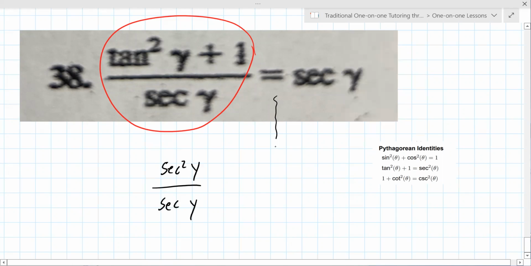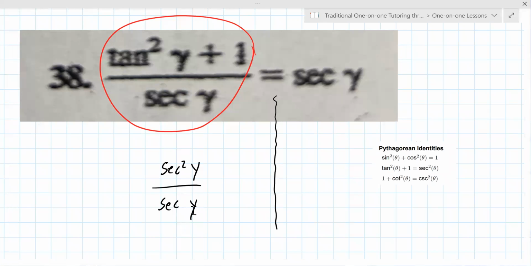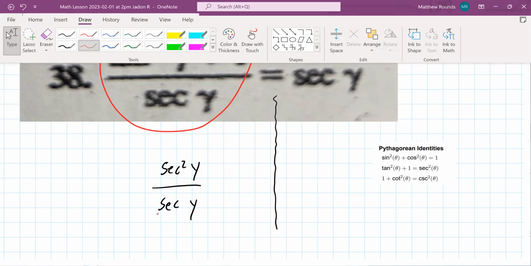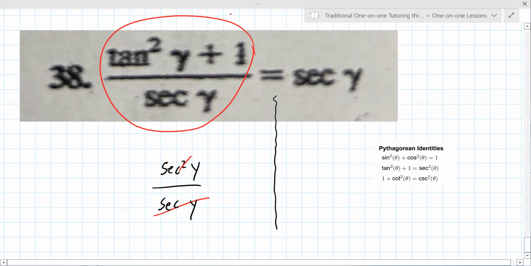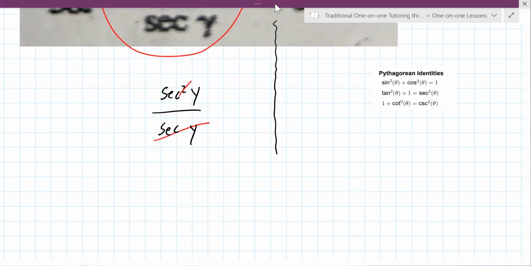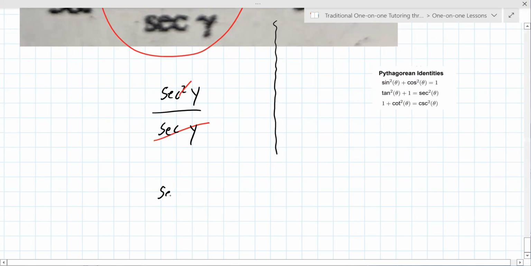Again, you're not doing anything with the right. You're not bringing it down. You're not subtracting, dividing. You're doing nothing. So on the left, you get the two secants up top, secant times secant, and then on the bottom just one secant. So there's a cancellation there. That one cancels with that square, and it leaves you with secant gamma like that.